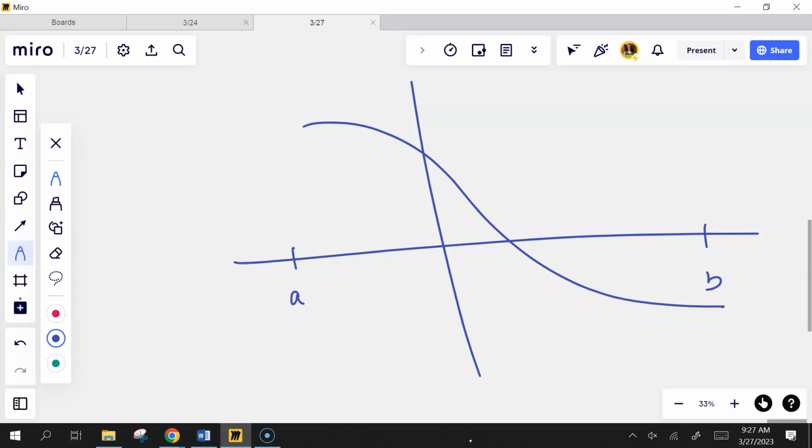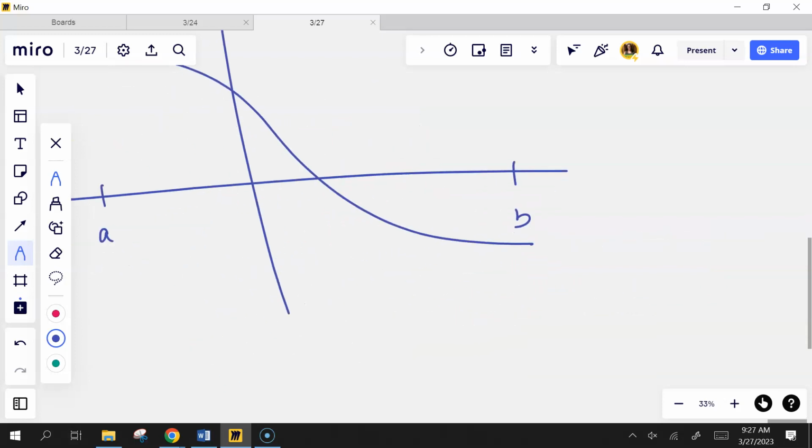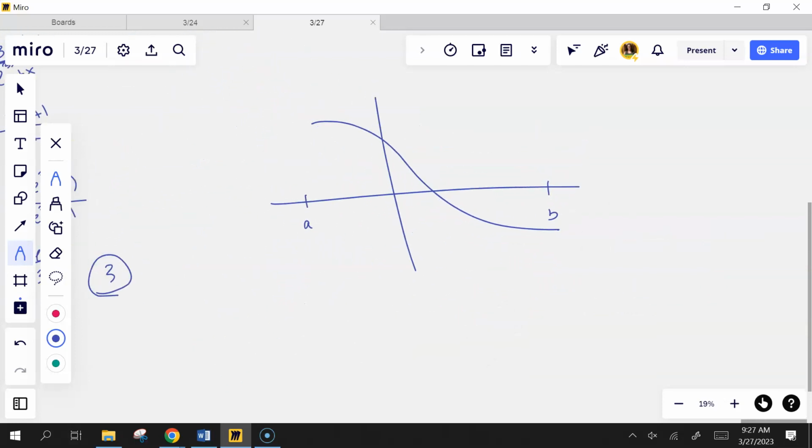Part 2 says that the function is decreasing on the open interval. That's not true. This is the graph of the derivative, and it tells us what the function is doing.